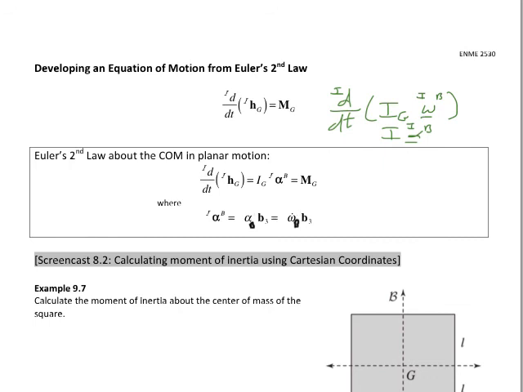And you can see here that this is an equation of motion because we've now linked alpha, which is a second order term, with our moment. So we have a second order differential equation. This is our rotational equation of motion. We can combine this with Euler's first law, which gives us 2 translational equations, which are second order equations, and be able to calculate all of our constraints and equations of motion for each of our degrees of freedom.